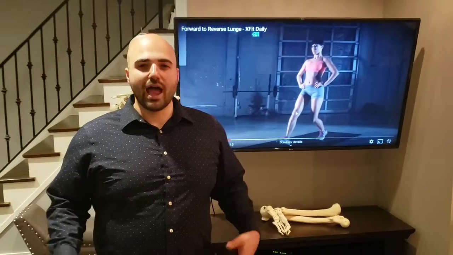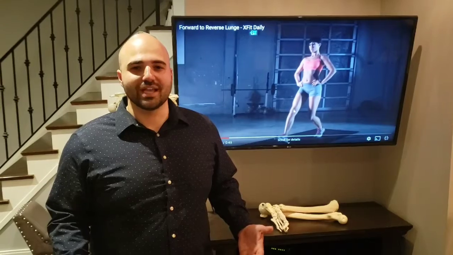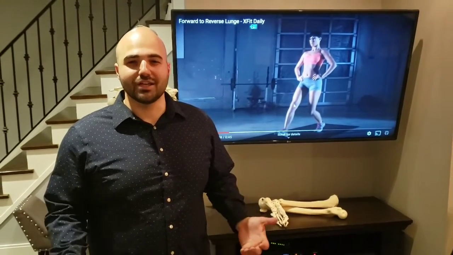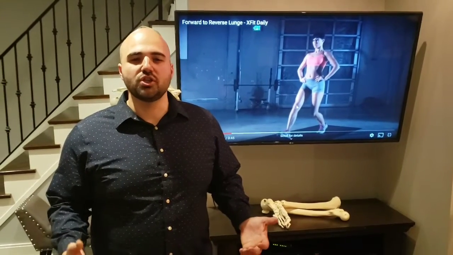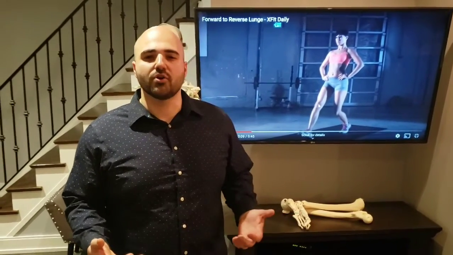Regardless of what the cause of your knee pain is, we know that when you have a knee issue and you're doing exercises involving your legs, it's really difficult to do those exercises, especially when you're going down into a squat or into a lunge. So we're going to talk about some key concepts that you should use during your leg exercises that are going to help reduce that pain and reduce the stress that these exercises put on your knee.